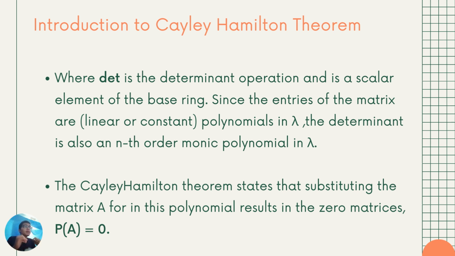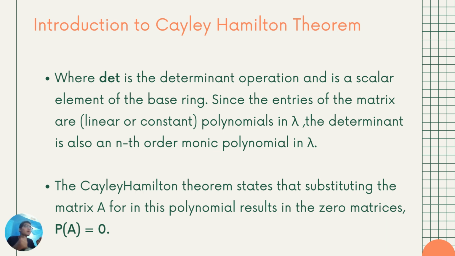Here det is the determinant operation, and the result is a scalar element of the base ring. Since the entries of the matrix lambda I minus A are linear or constant polynomials in lambda, the determinant is also an nth order monic polynomial in lambda.